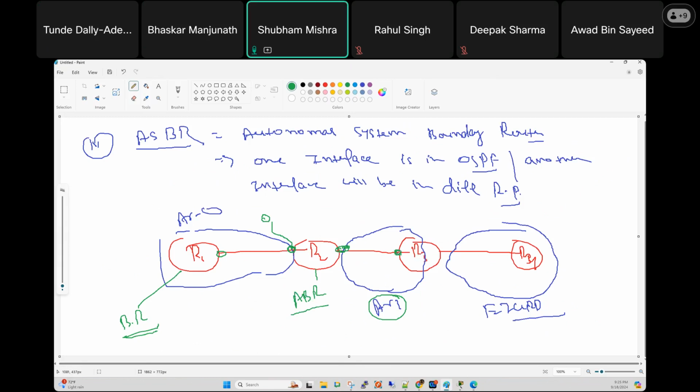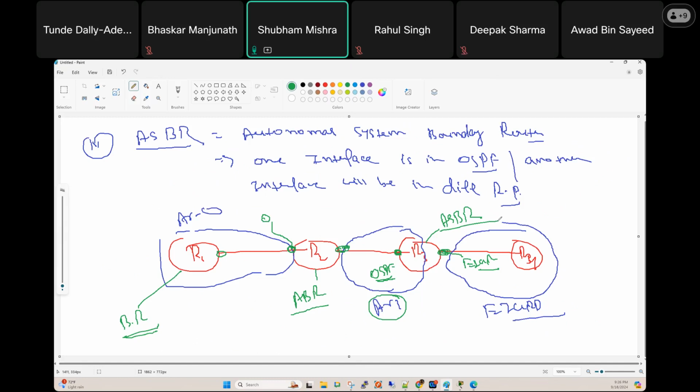This interface belongs to OSPF, and this interface I configured EIGRP. It means this interface belongs to the OSPF protocol and this interface belongs to another routing protocol. That router is called ASBR.